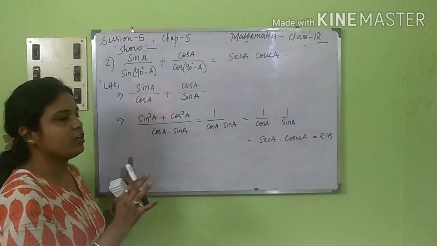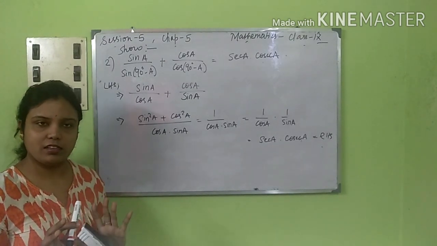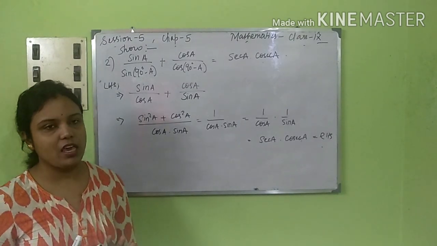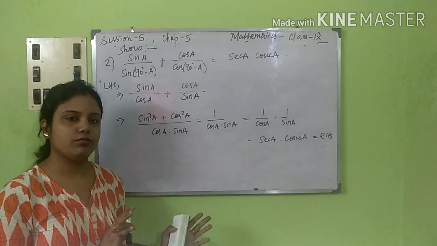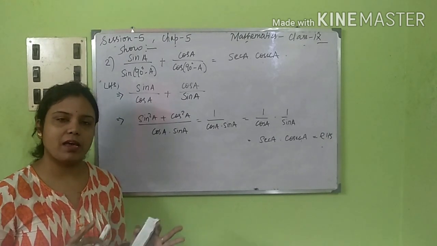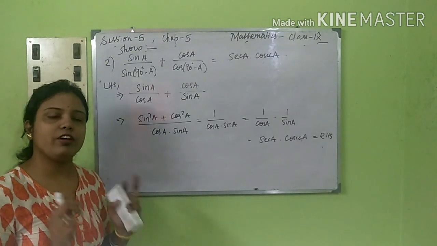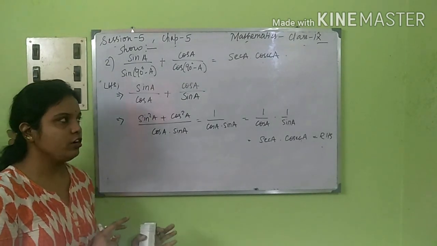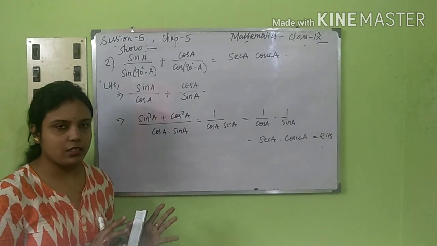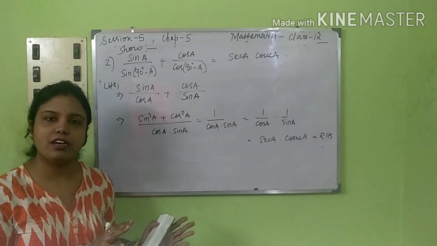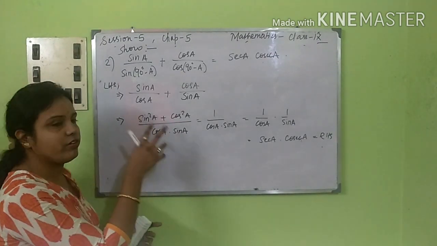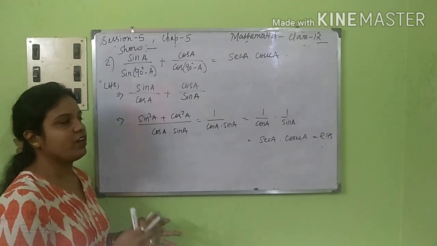So sin square A plus cos square A equal to 1. This particular formula, along with the ones for tan and sec, sec square A minus tan square A, and cosec square A minus cot square A equal to 1, have already come in the chapters before, so please have a look at the chapters we have already done in trigonometry, because these are already given there. So how have we got that?